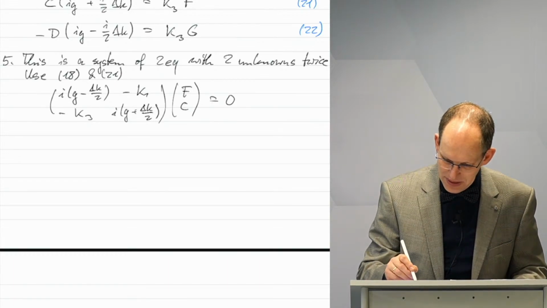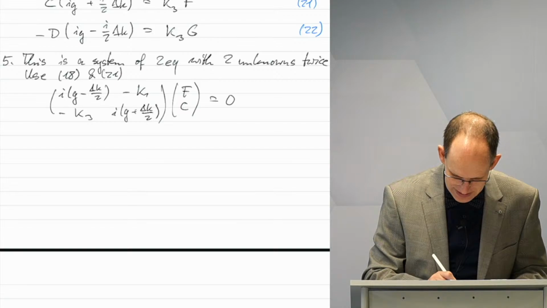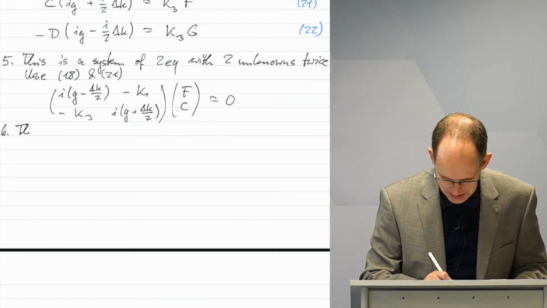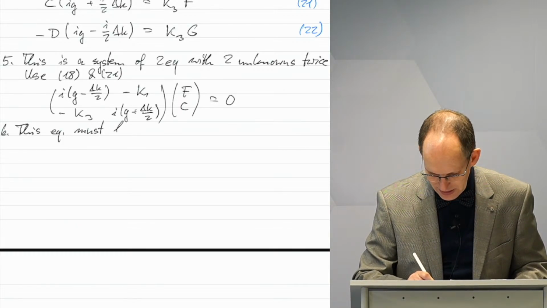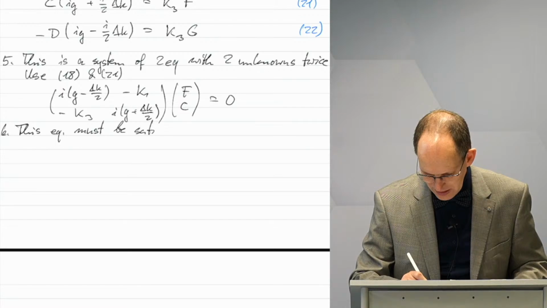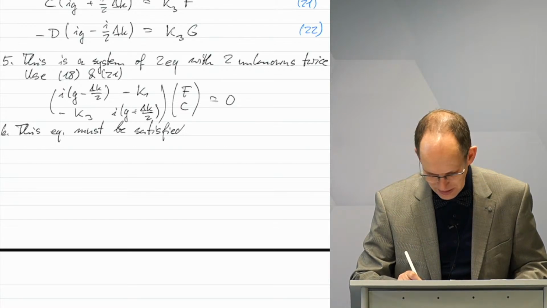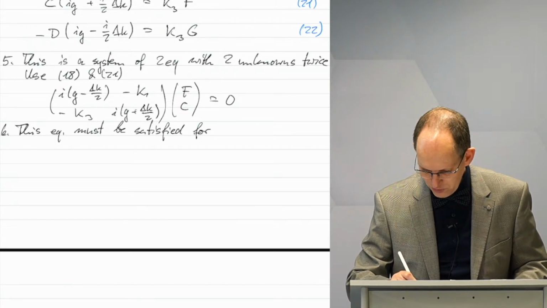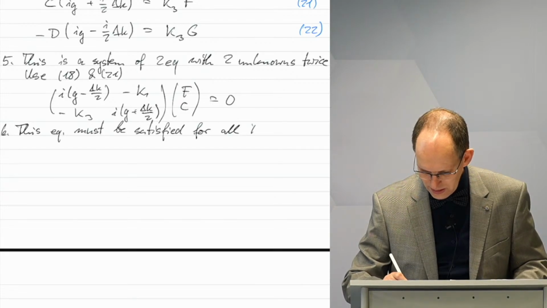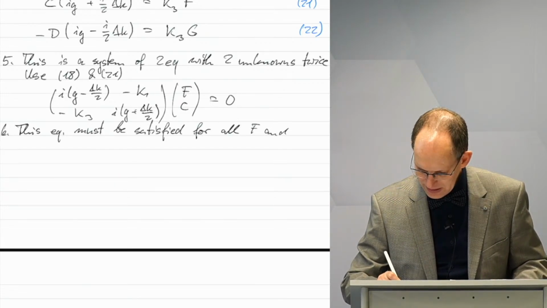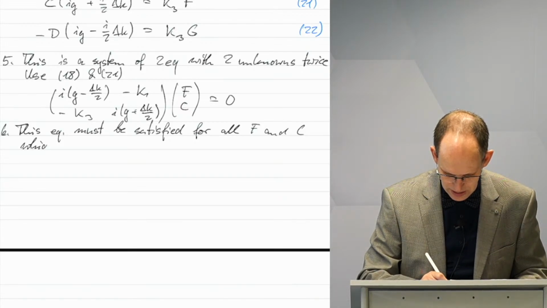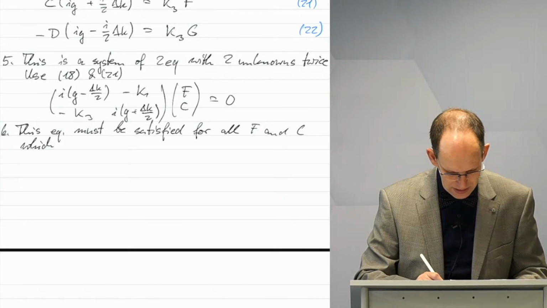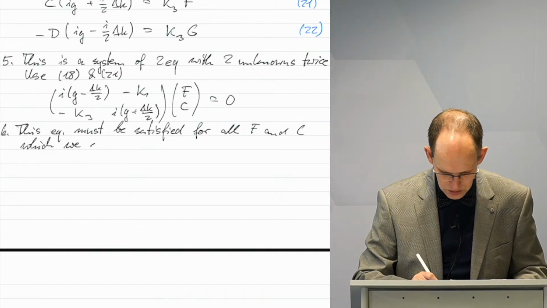So this equation must be satisfied for all f and c which we choose to use.